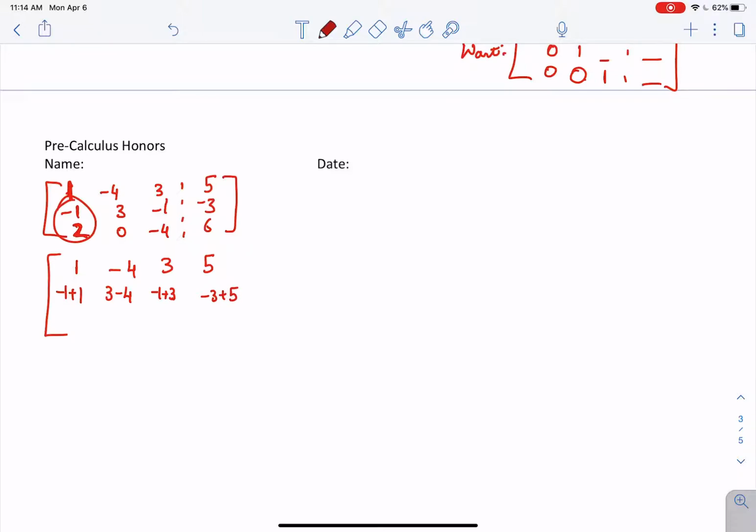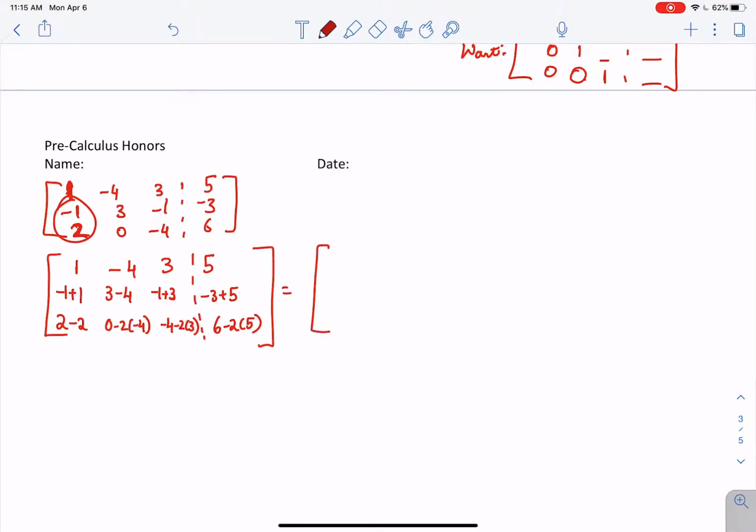And in the third row, I have a 2. So to get rid of that, I need to add -2 times the first row.